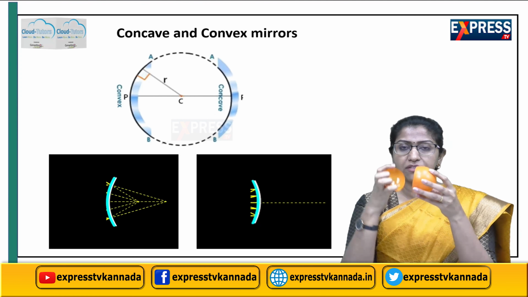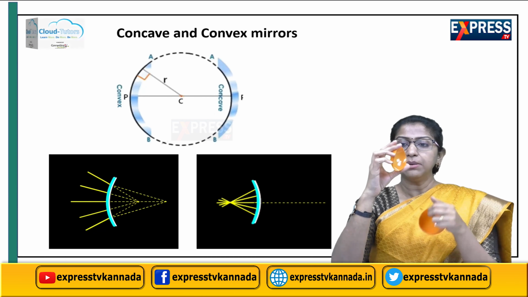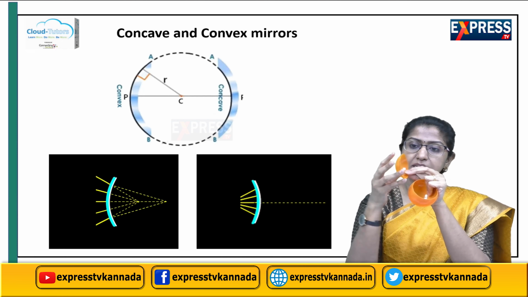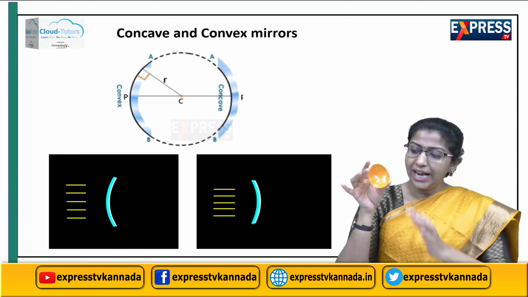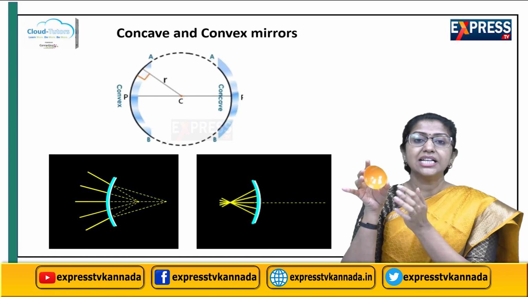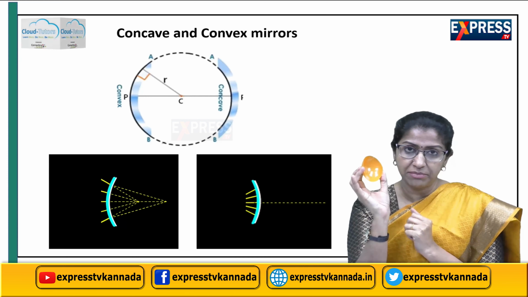I cut a portion of it and silver the bulgy surface, so that the curved, caved-in inner surface is the reflecting part. Now I have a concave mirror.